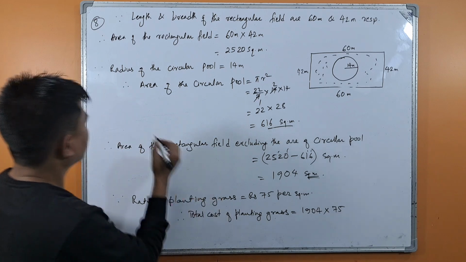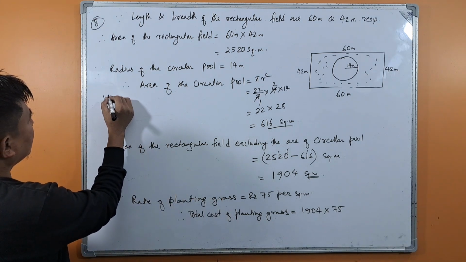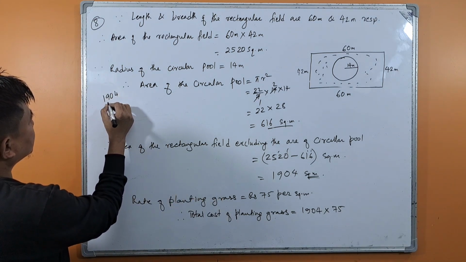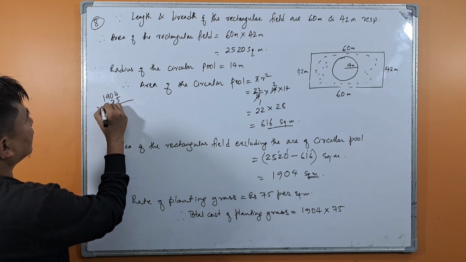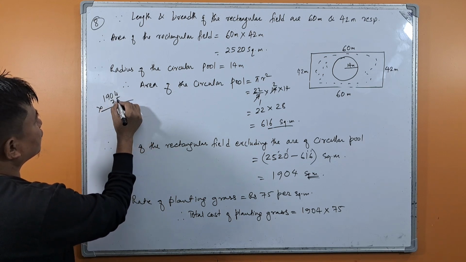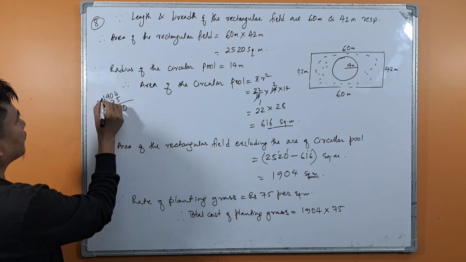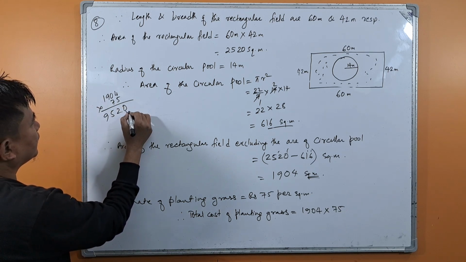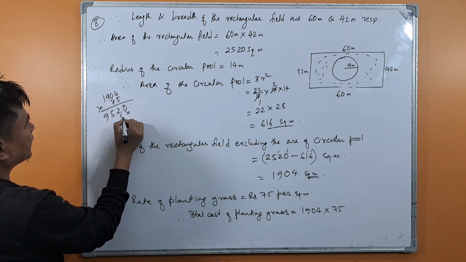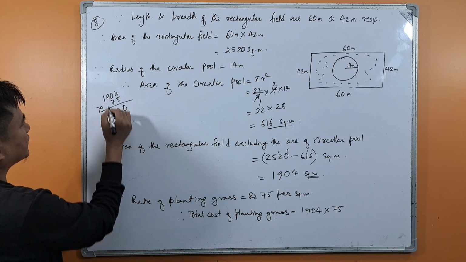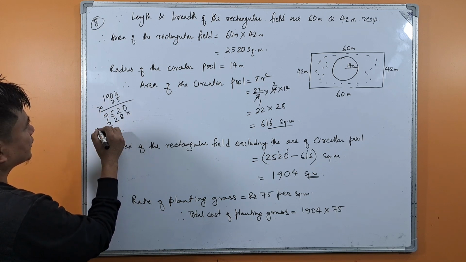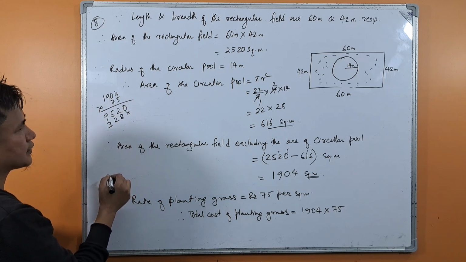So let me multiply here. 1904 into 75. 5 4s are 20, 0, 5 0 0, 5 9s are 45, 5 4 in hand, 5 1s are 5, plus 4 is 9. 7 4s are 28, 8 7 0 0, 7 9s are 63, 3 6 in hand, 7 1s are 7, plus 6 is 13.